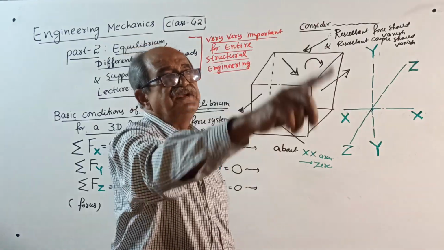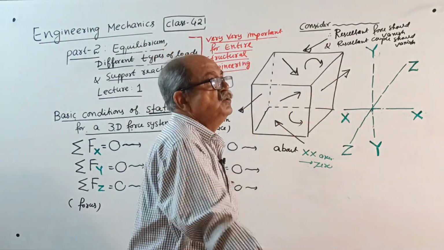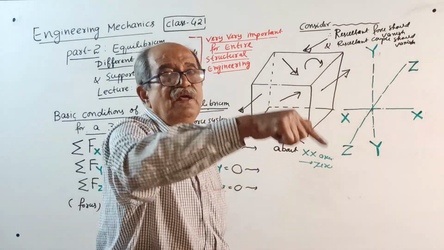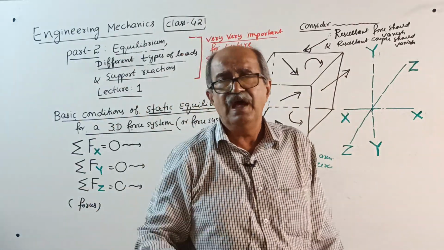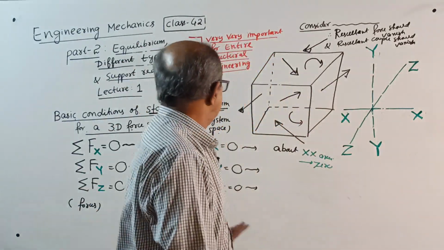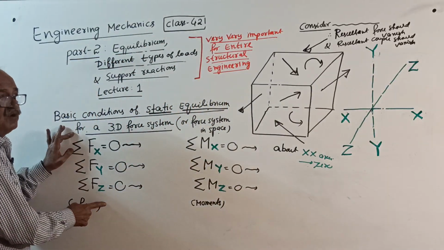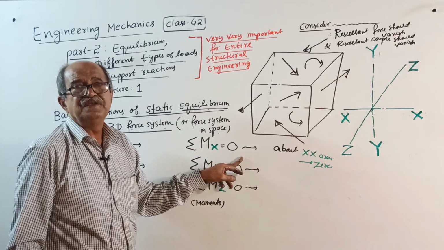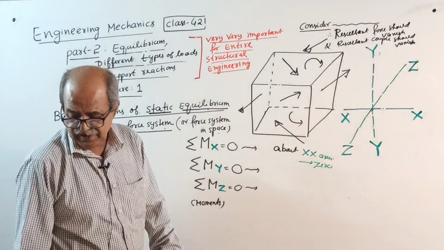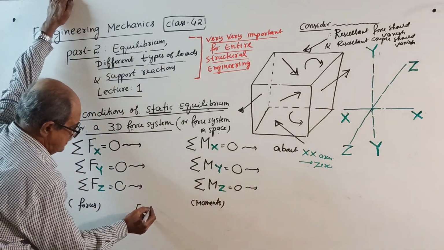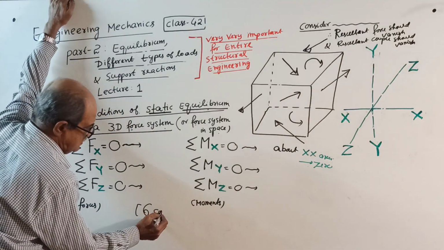Moment: no rotation this way, no rotation this way, and no rotation this way. I will explain the axis later. These are three conditions for forces. These are three conditions for moment. Altogether, there are 6. Remember, there are a total of 6 conditions.